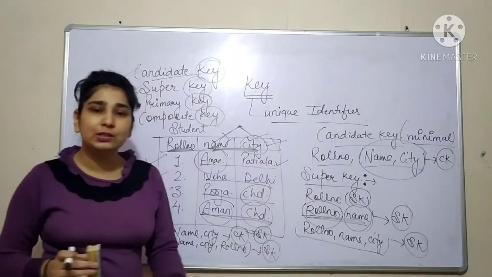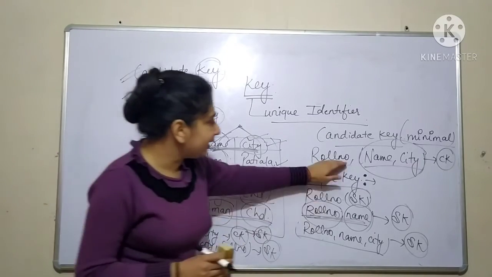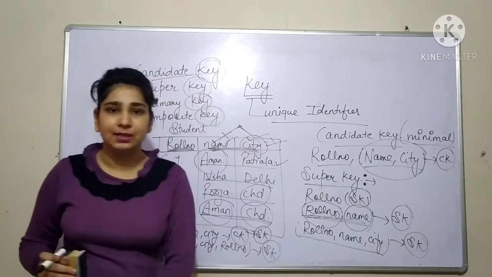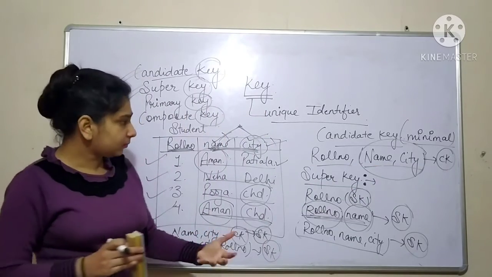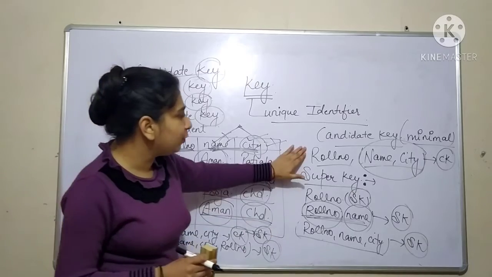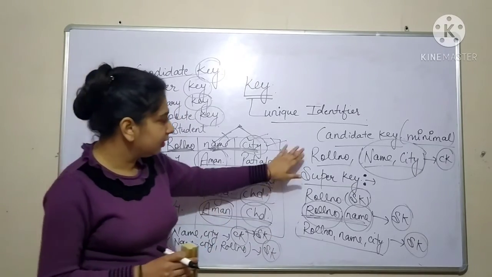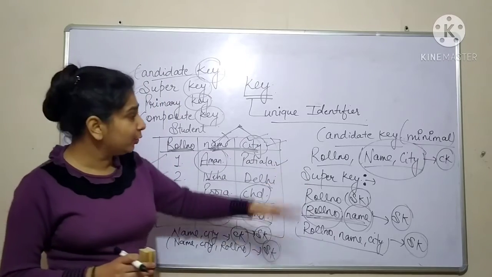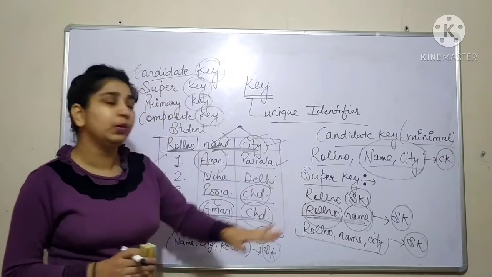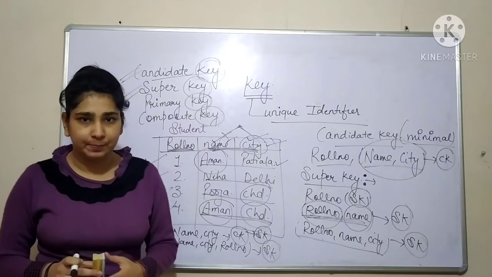And roll number is also a minimal key. So these two are candidate keys. Any number of extra attributes, if you are adding to your candidate key, we can call it a super key. Your candidate keys are also super keys.